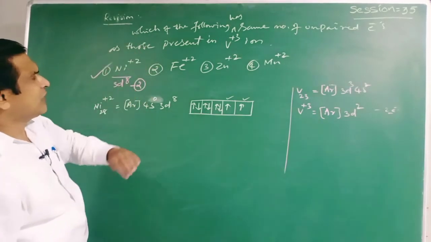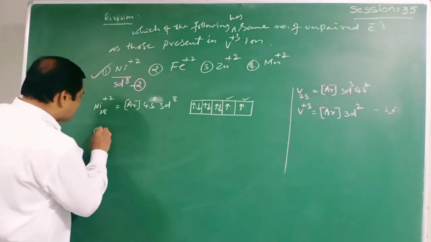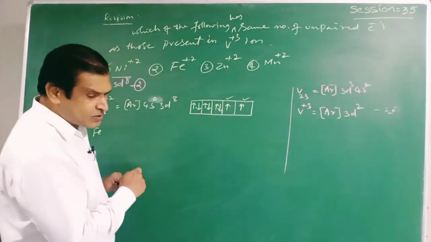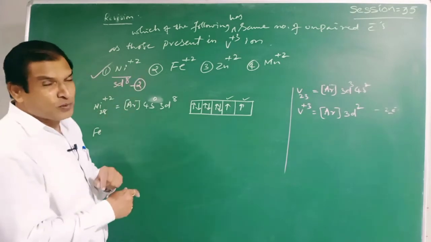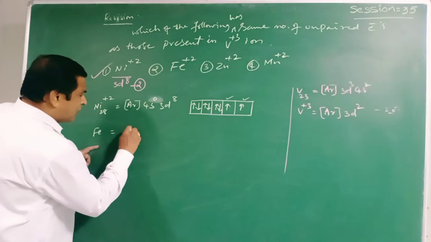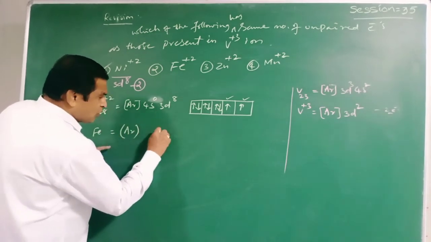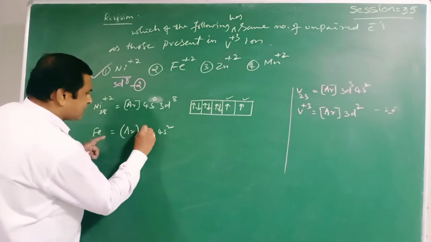Let us work out the other options also. Fe plus 2: iron atomic number is 26, so the configuration is argon 4s2 3d6.